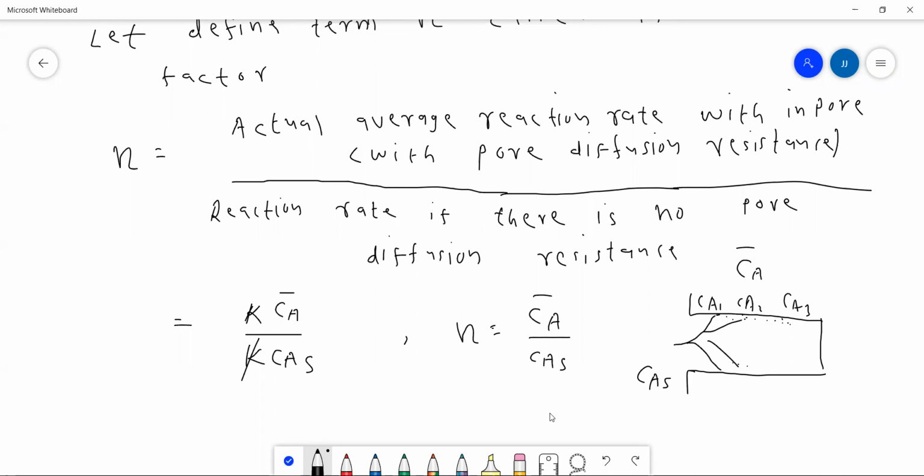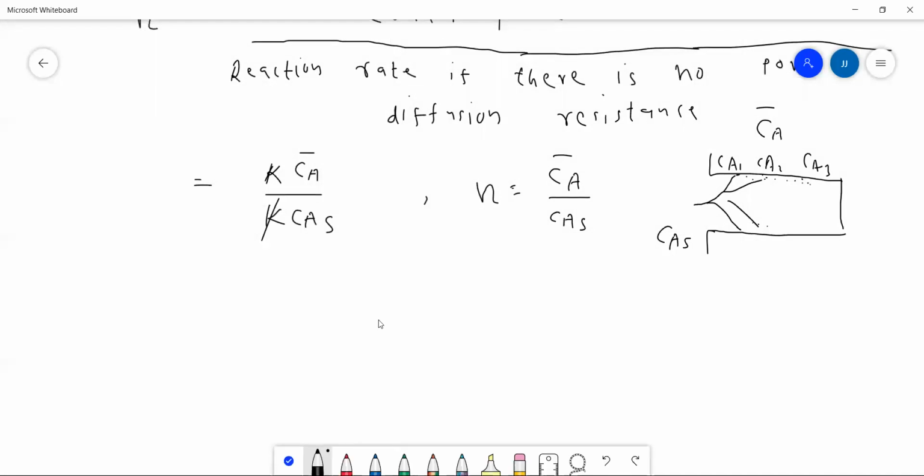Now, the value of this effectiveness factor ranges from eta equal to 0.01 to 1. If eta is equal to 1, we can say that CA bar is equal to CAS.